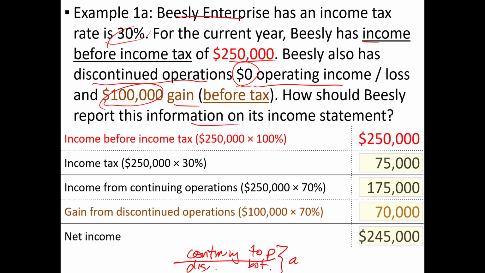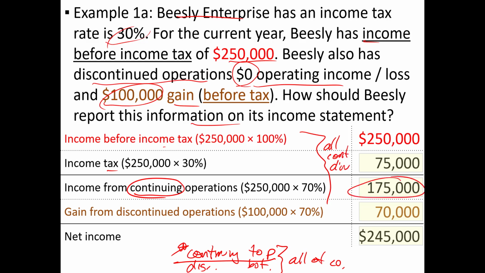Yes, this represents all of the company. But we want to make sure the top is the stuff that investors see first. So, income before income tax, this, income from continuing operations. What this represents is all continuing divisions.